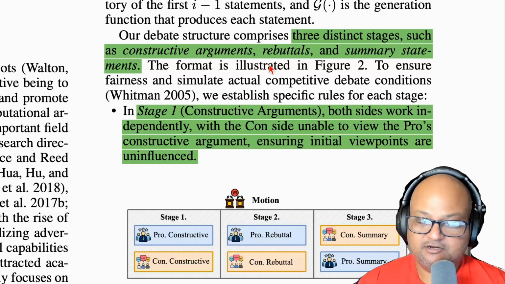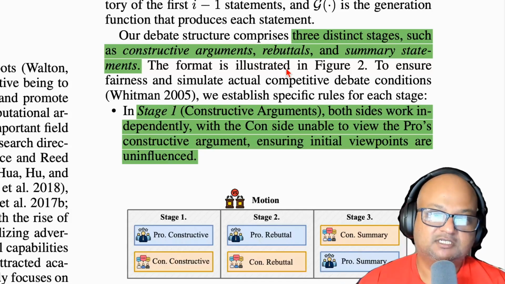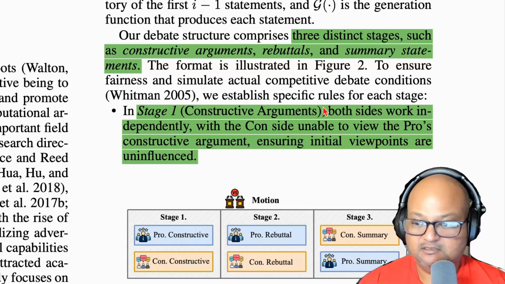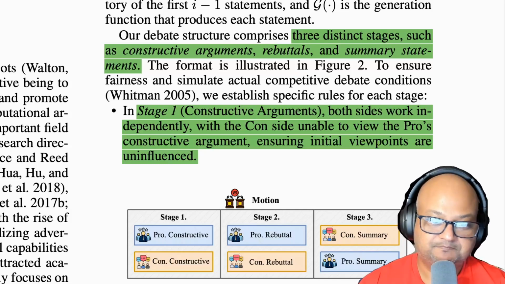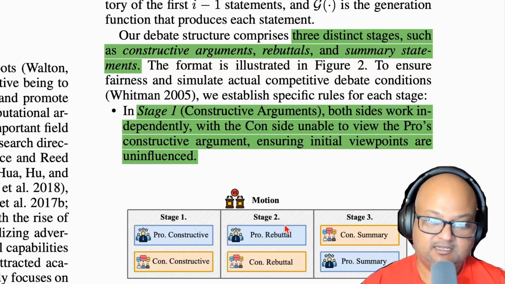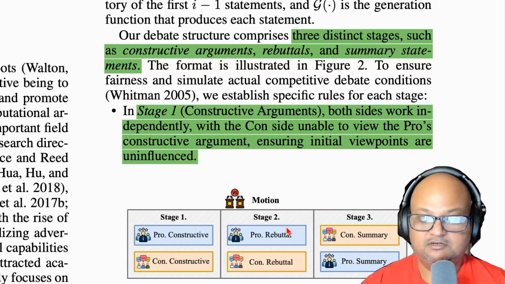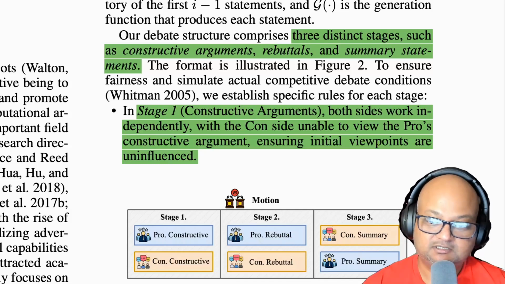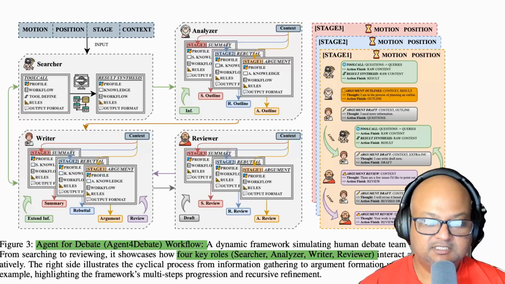Then they each get to rebut the other team's positions. And finally, they close by presenting summary statements. The thing to note over here is that only in stage 2 do you get to see the other team's arguments. So how would one go about designing agents to solve this problem?